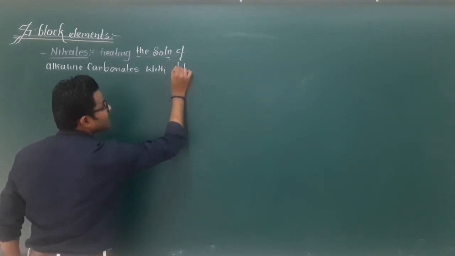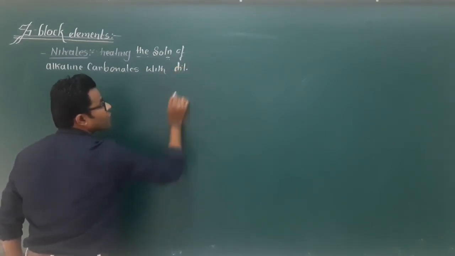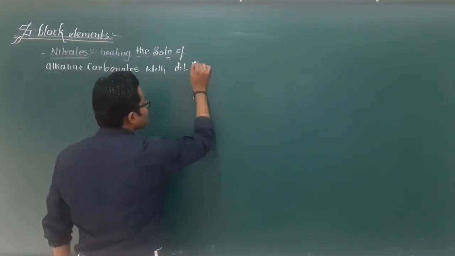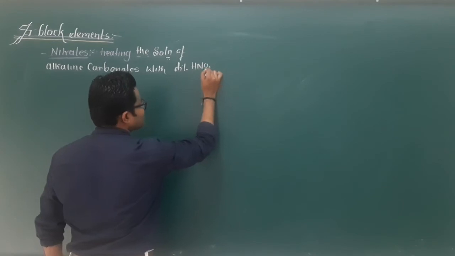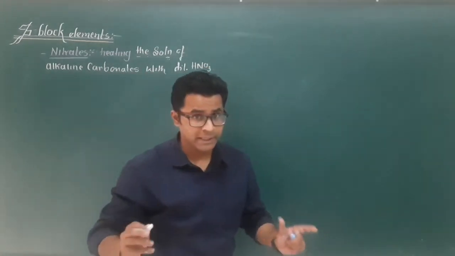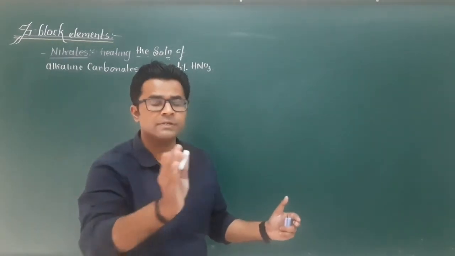Whenever we write dil. with a dot, that represents dilute. Please don't call it dial HNO3, dial HCl. No, it is dilute HNO3.